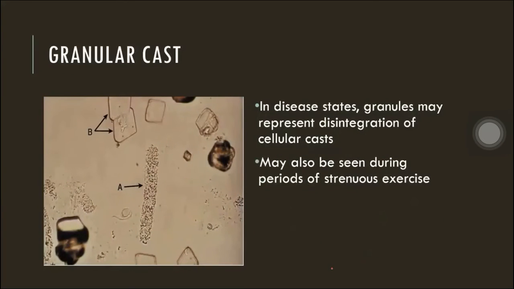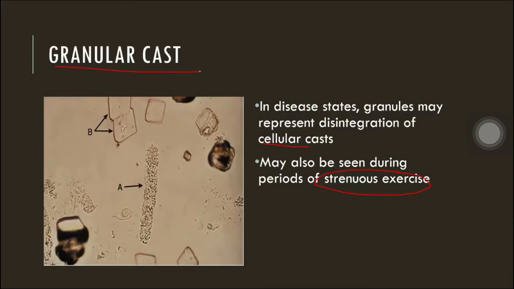Next, we now move on to granular cast. So in disease states, granules may represent disintegration of cellular cast. So again, aside from that, may also be seen during periods of strenuous exercise. So again, nabanggit kanina in athletic pseudonephritis or in strenuous exercise, granular cast may also be seen together with RBC cast and hyaline cast. So granular cast, although may be seen in strenuous exercise, can also be pathologic.